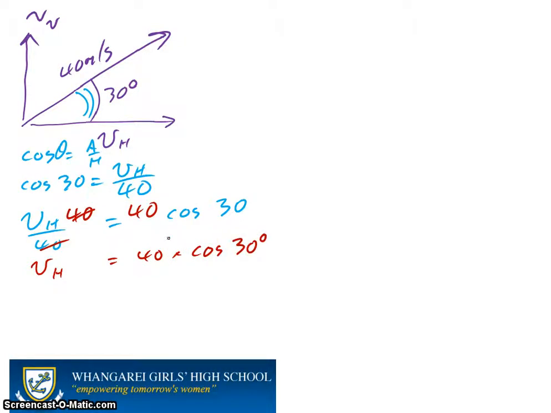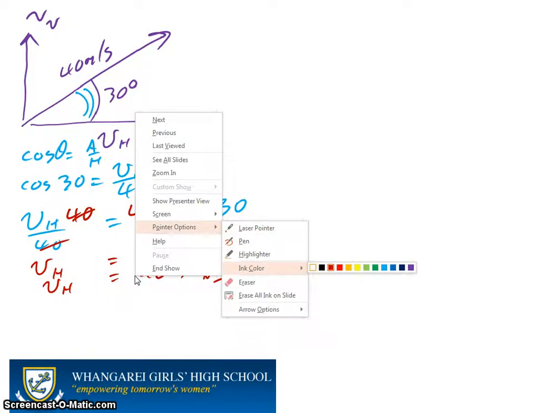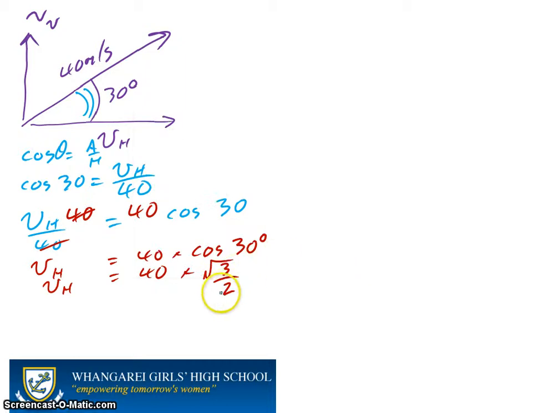Well, the cosine of 30 is 0.866, but that's also equal to the square root of 3 divided by 2, and that's times 40. We can do a little bit of fraction work, and say, well, 2 goes into that 20 times.